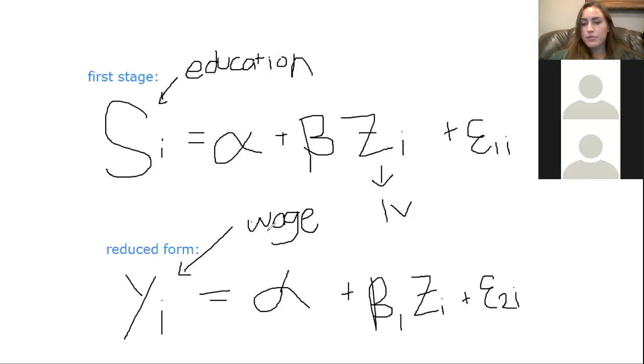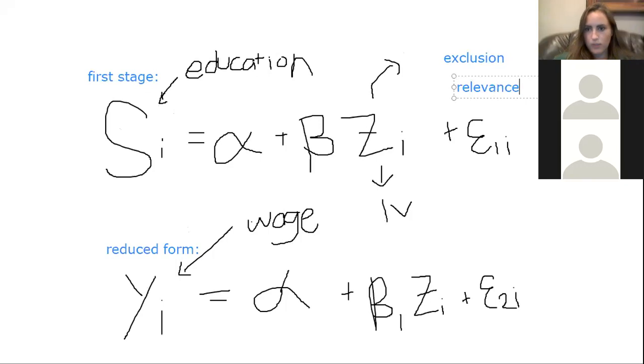Because we only care about the variation in Z that affects education, and we'll take that variation and look at the effect on our outcome variable, because we suppose that this satisfies the exclusion and relevance restrictions.